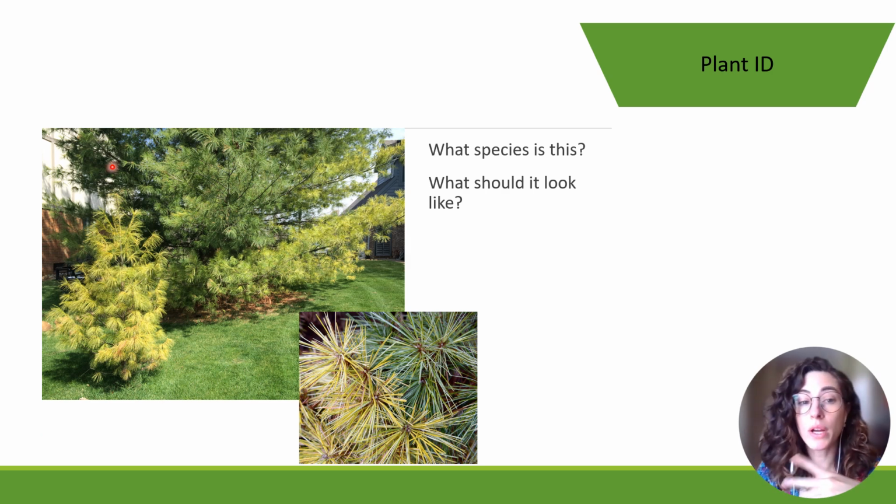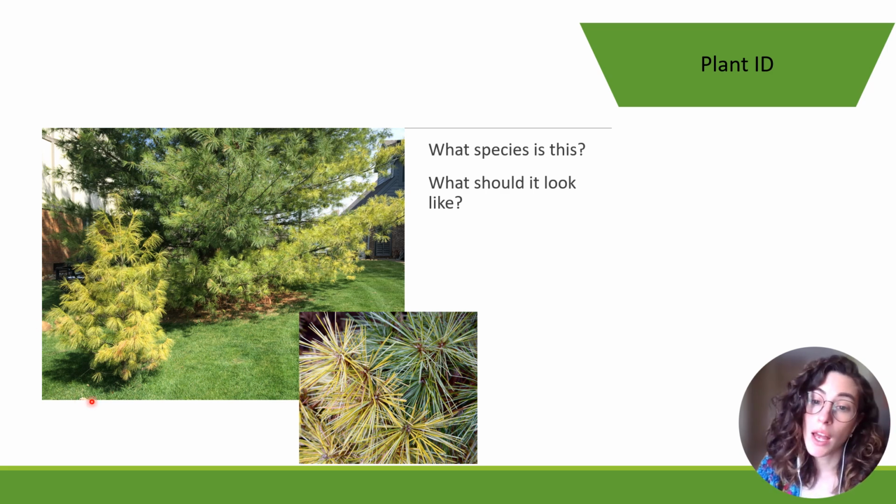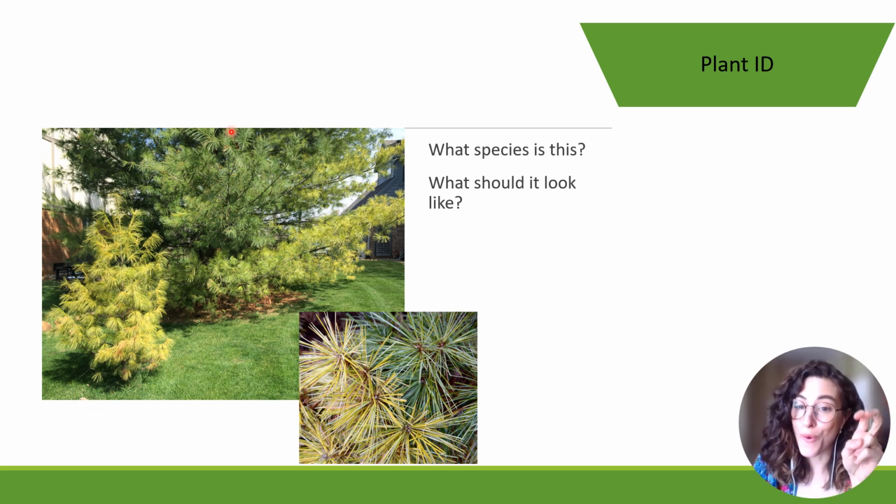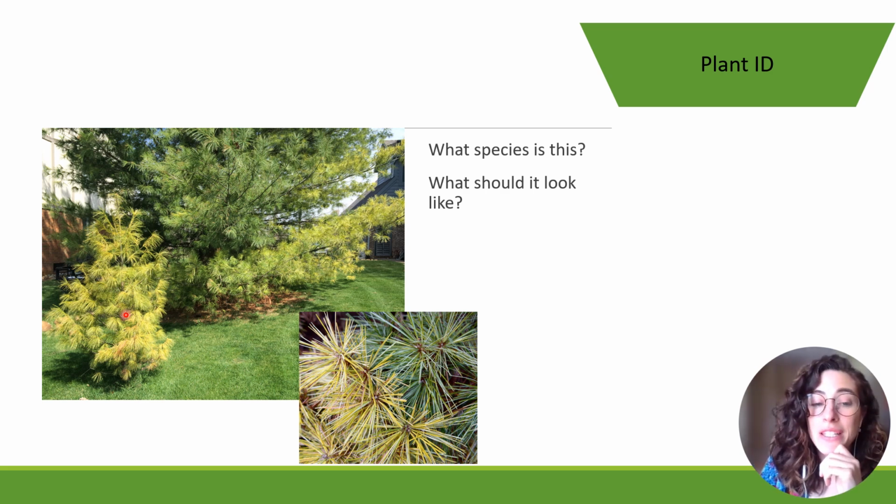But if we knew that this was a cultivar, we would know that it has lighter green needles than what's more normal for us, even though this is normal for the species. So again, knowing your species is very important, because you can't diagnose something that isn't there.